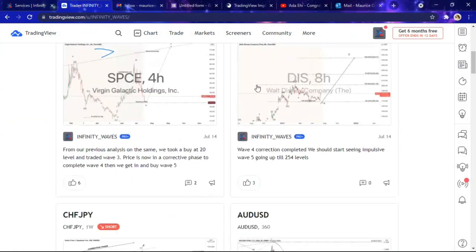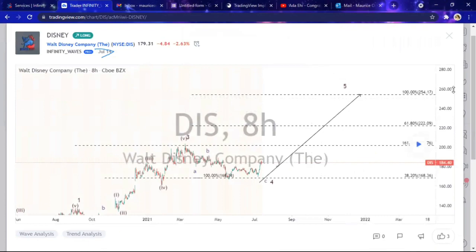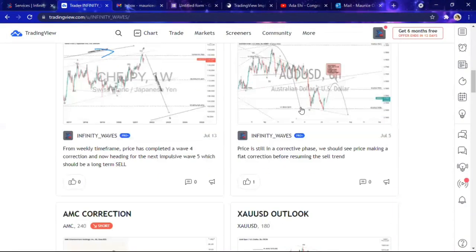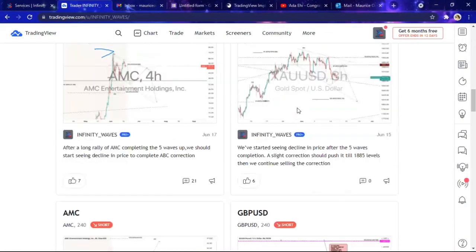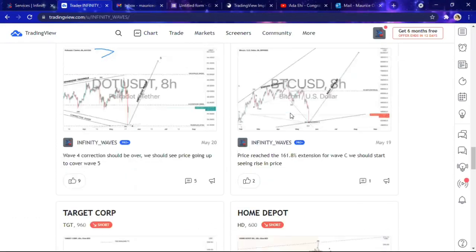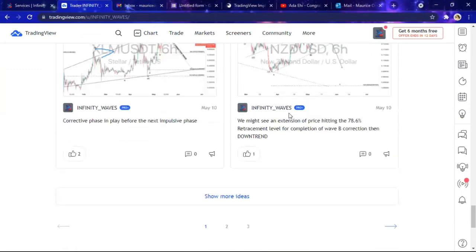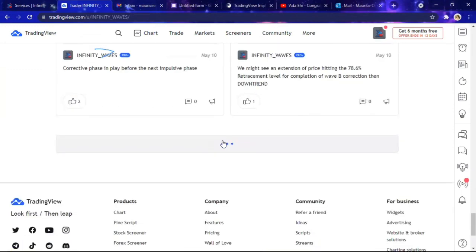So that's for Disney. Here is Disney, how Disney was. If we go back to our previous analysis for that stock, for Disney, we did a post for it.